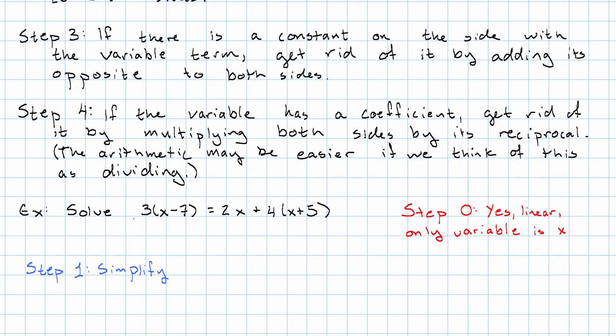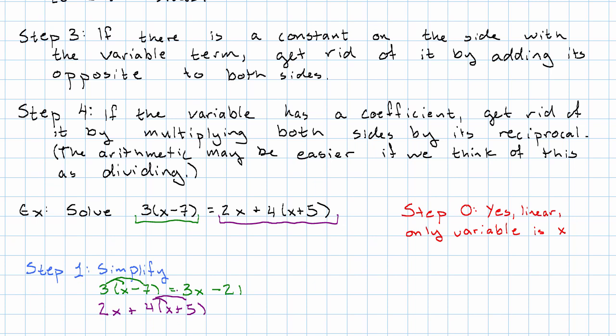Now we need to simplify each side of the equation. We have 3 times (x minus 7), using the distributive property. That'll give us 3x minus 21. On the other side of the equation, we have 2x plus 4 times (x plus 5).